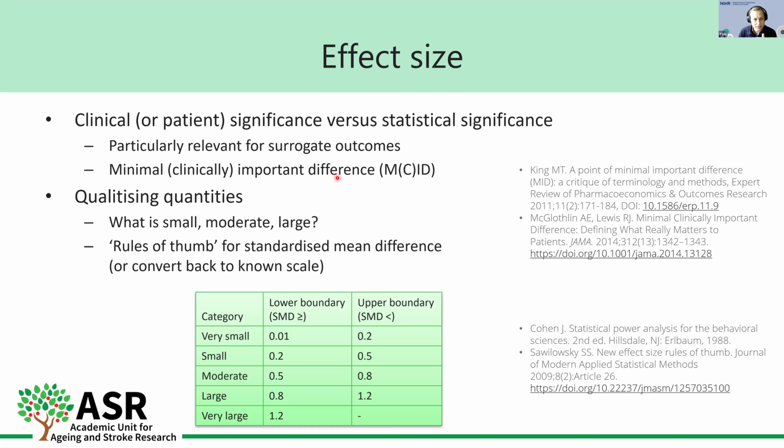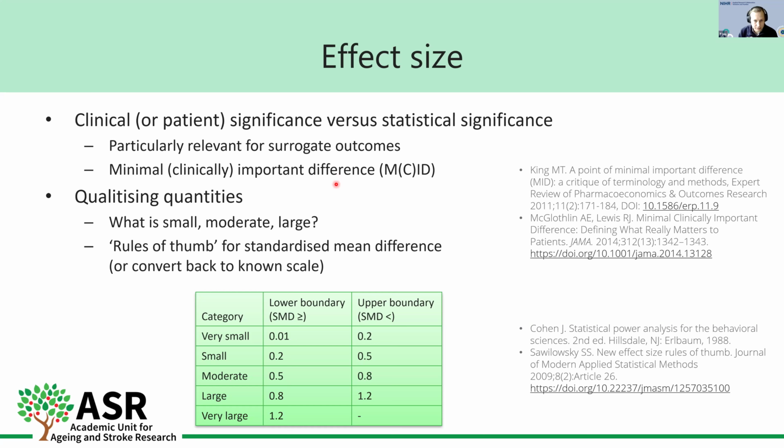I think it's particularly important to consider this for surrogate outcomes, and you might have a much larger effect that you would consider trivial before you began to consider the outcome to be important.